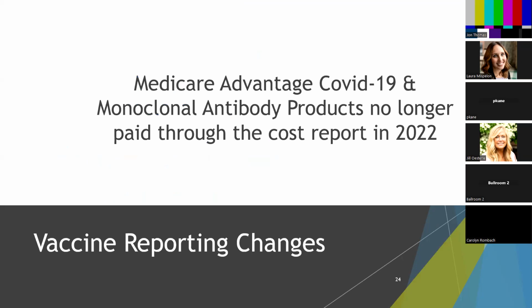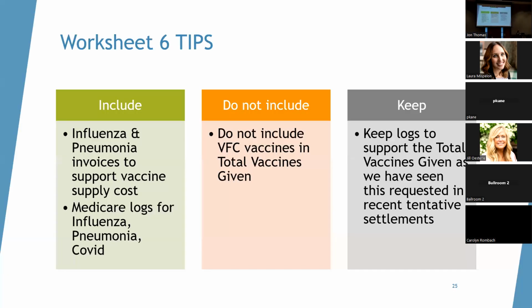The change for this that happened, I guess it's almost an old change at this point, but I just want to remind everybody, Medicare Advantage COVID-19, that first year, they were included. They were paid through this cost report. They are no longer. You have to bill those to that Med Advantage plan, or however you're contracted with the Medicare Advantage plan, it is paid through the Medicare Advantage plan.